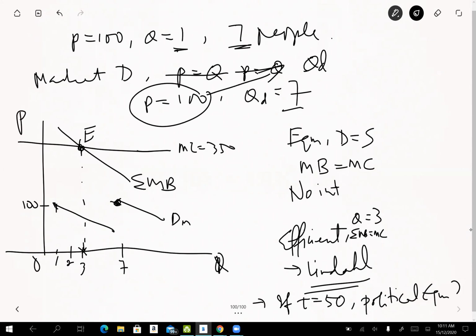So now you have to know at the quantity equal to 3, what is the price here? We don't have enough information, but I will make it the following. If you look at that question, they say perfectly correlated.